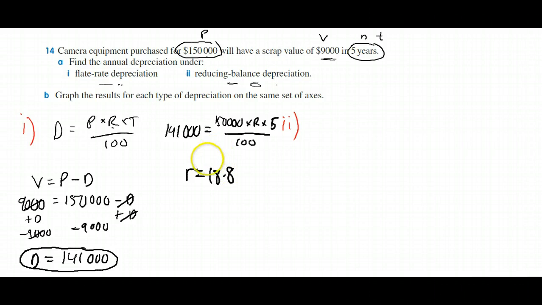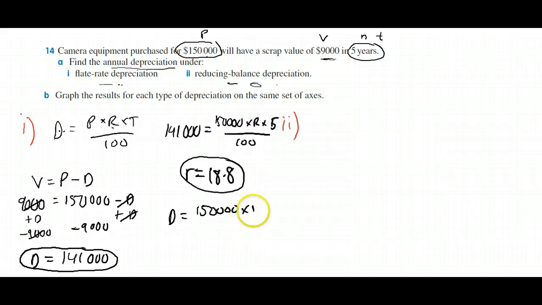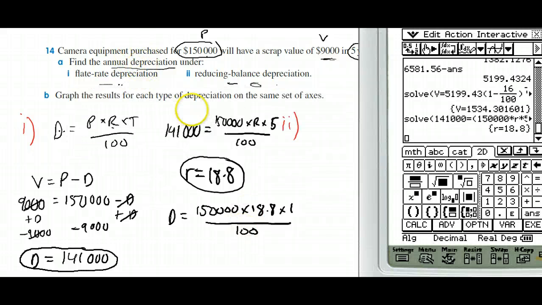18.8 percent. Okay, now that we know the interest rate, we can work out D, the amount of depreciation, because we weren't actually after the interest rate, we're after the annual depreciation, but we needed R to work out D. So now we've got D equals 150,000 times 18.8 times, we'll just do 1 year, because we want to know the annual depreciation just for 1 year.